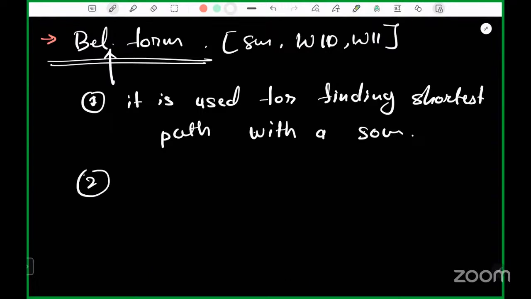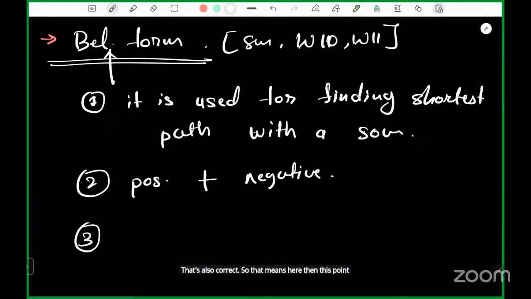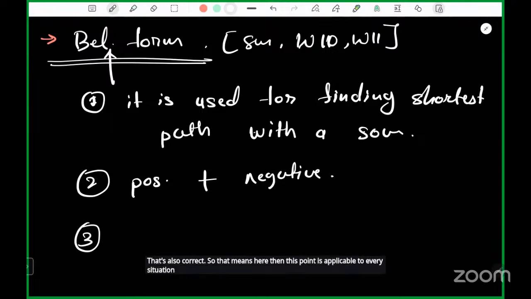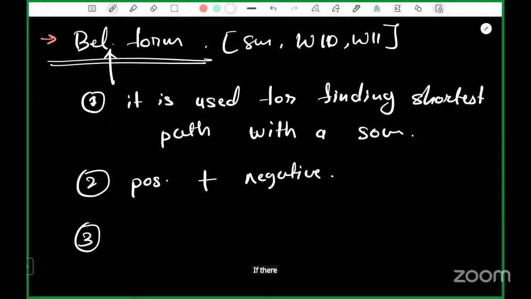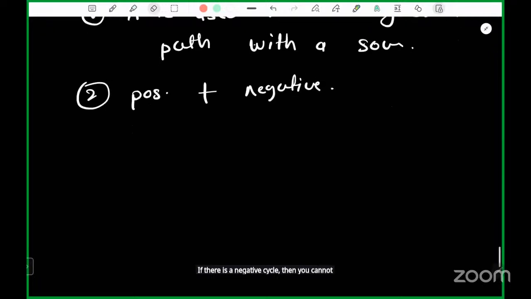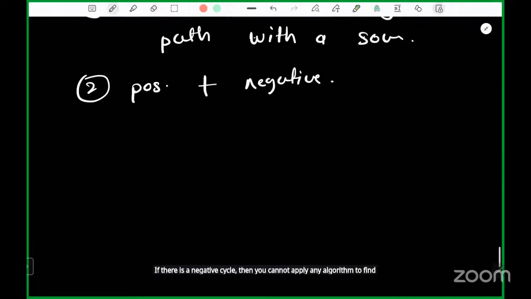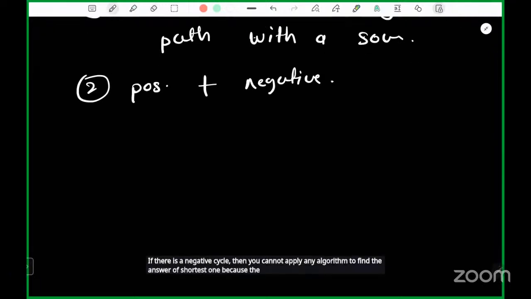And the second thing is, it works with both positive and negative edges. But there can't be a negative cycle. That's also correct. This point is applicable to every algorithm. If there is a negative cycle, then you cannot apply any algorithm to find the shortest path because the shortest path problem is not defined for negative cycles.